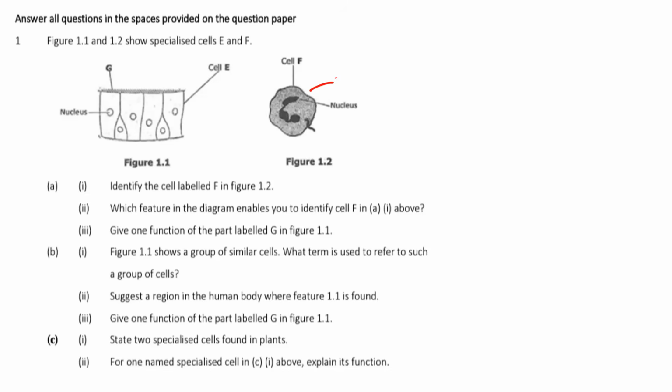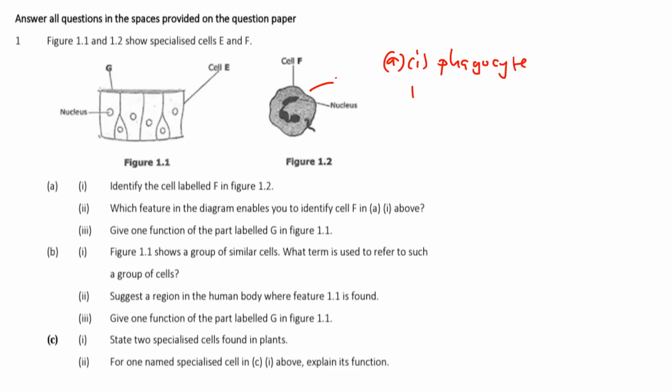To me, the answer we go for here is to put the type of cell: F is a phagocyte and not a white blood cell, because this is a type of white blood cell. So that is specifically a phagocyte.